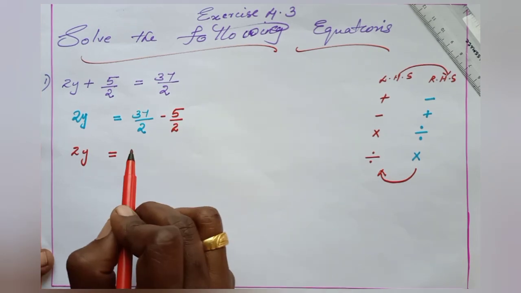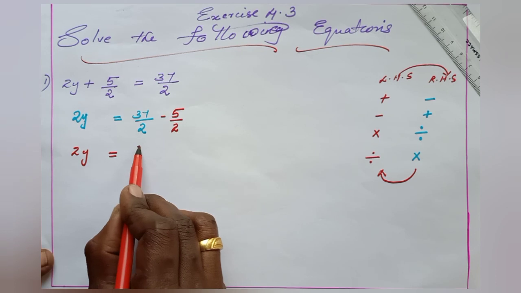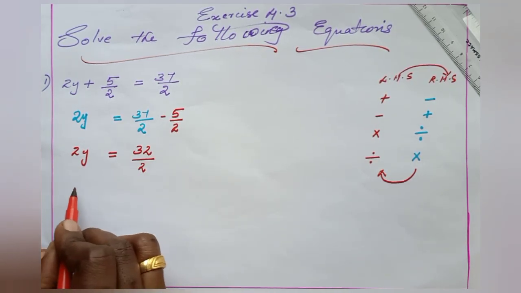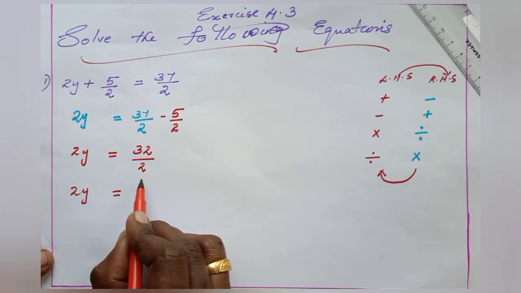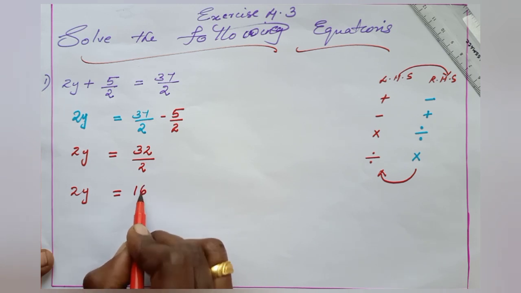Here the denominator is the same, so subtracting the numerators, 37 minus 5 is 32 by 2. So we get 2y equal to 32 by 2. 32 divided by 2 is 16.